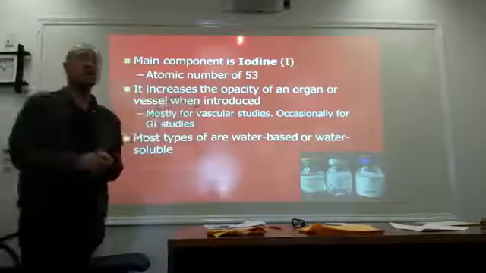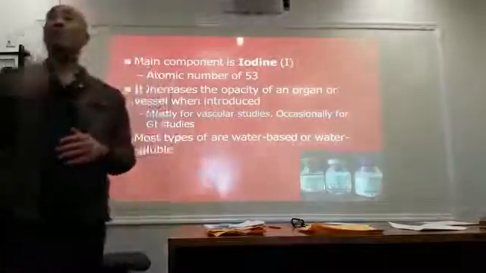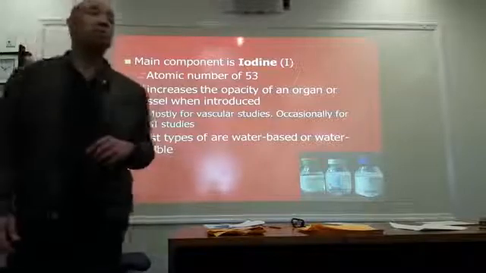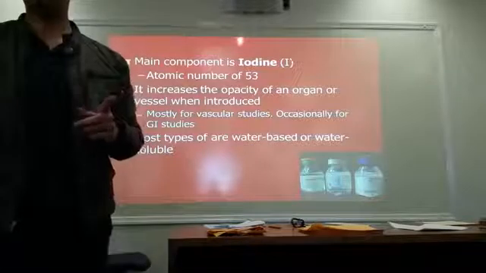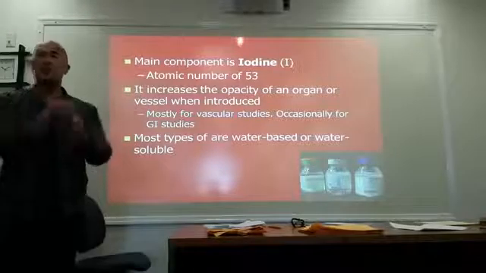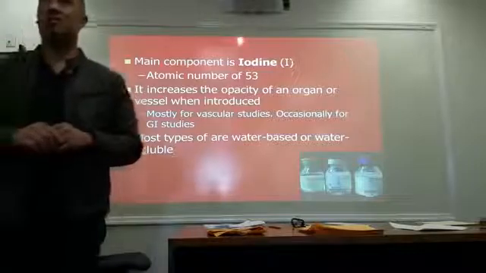So as we said, the main component in this contrast agent is iodine. It has an atomic number of 53. What was barium? 56. It's only off by 3 numbers, but it's a significant difference.